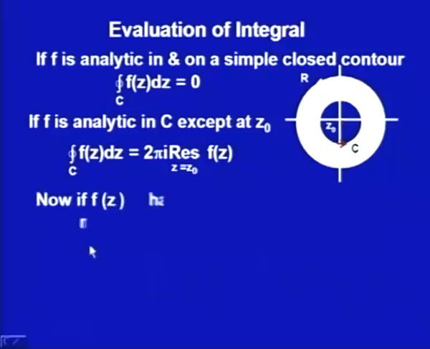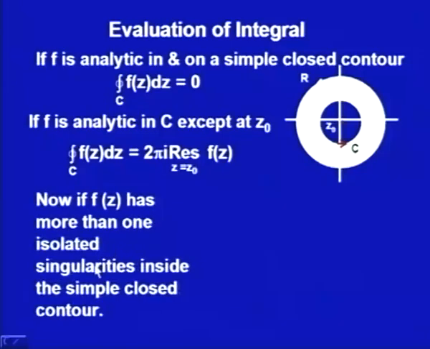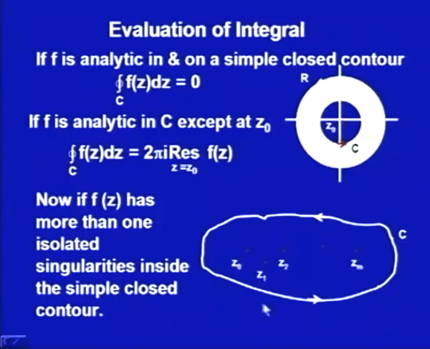So, if f(z) has more than one isolated singularity inside the simple closed contour, say in this kind of situation, we have a positively oriented closed contour and a number of singularities z naught, z 1, z 2 and so on inside this C. Remember one thing: if the function has isolated singularities inside this contour, they have to be finite. You have to think about why that is.